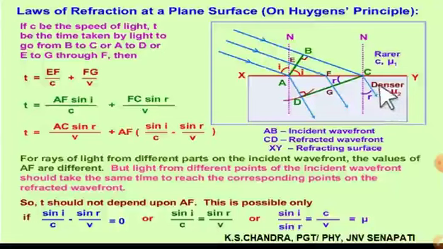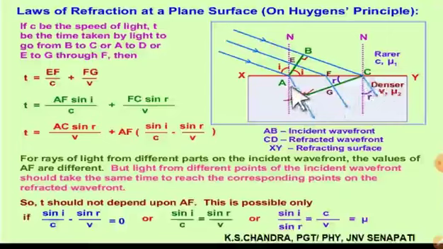Now what happens when a light ray travels from the rarer medium to the denser medium? We know that it bends toward the normal, right? So the angle between the incident ray and the normal at the point of incidence is denoted by angle i, and the angle between the refracted ray and the normal at the point of incidence, we call the angle of refraction.